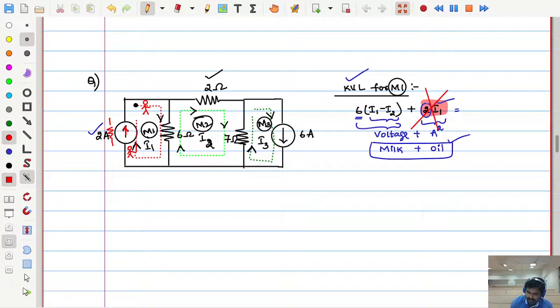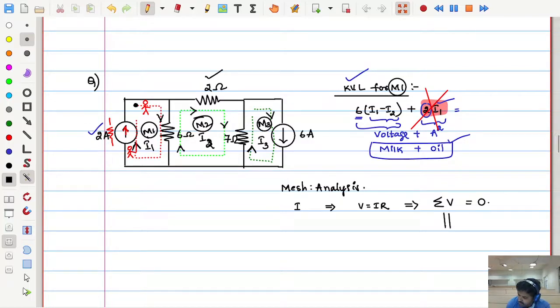Both are coinciding. Next, what is the ultimate aim in mesh analysis? Let me give you this clue, then you will understand very well. In mesh analysis, we try to assume some mesh currents and make them into voltage form, and we add up all the voltages and equate to 0.